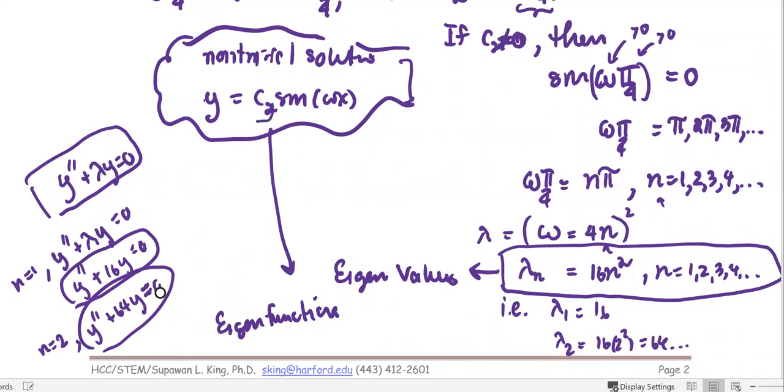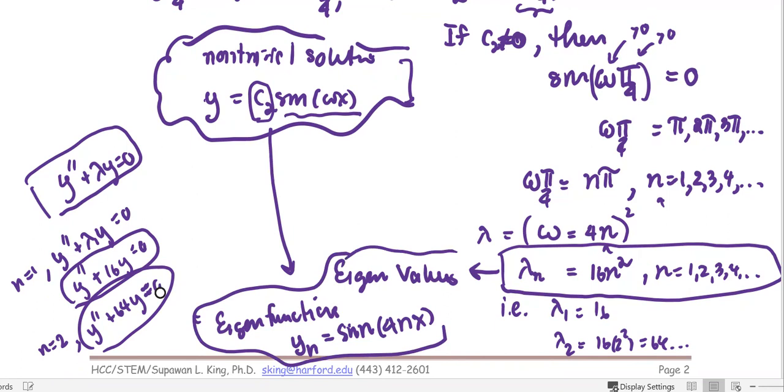We're going to ignore the constant C, as you recall, just the fundamental function. So y n equals psi of omega x, and omega is 4n, so it's psi of 4n times x. So we have the pieces that the problem asks for. The eigenvalues are lambda n equals 16 n squared, and the eigenfunctions associated with the eigenvalues are y n equals psi 4nx.